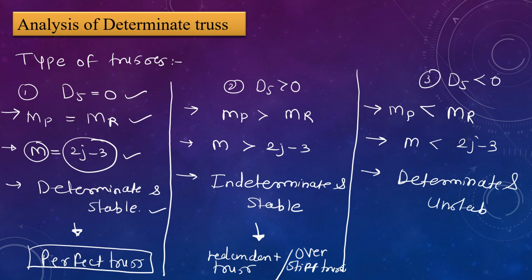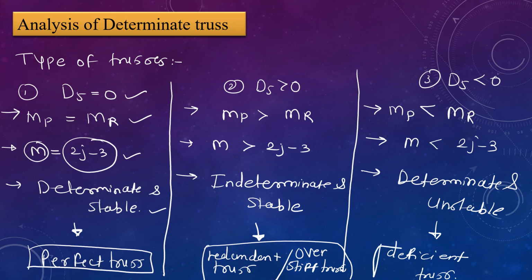If this condition follows, then that truss is known as a deficient truss. So these are the three trusses and these are the conditions to know the type of truss. So this is the analysis of determinate and indeterminate trusses.